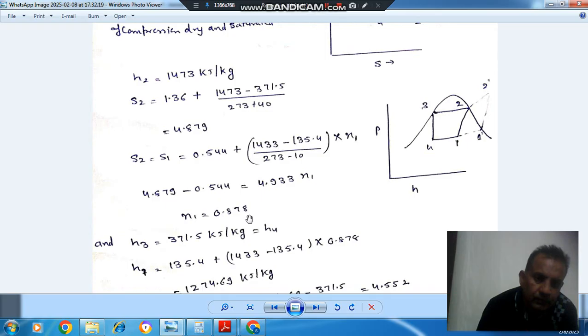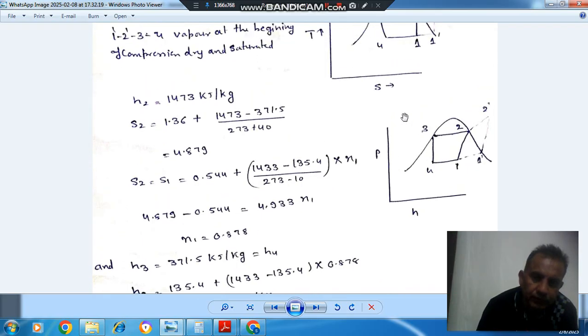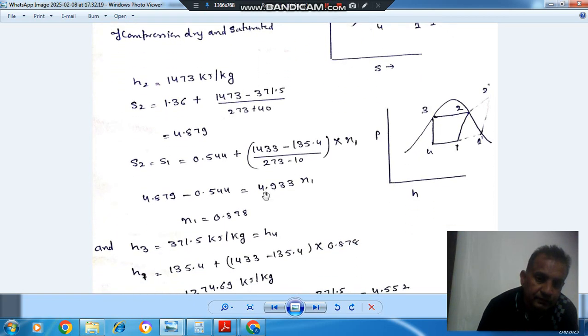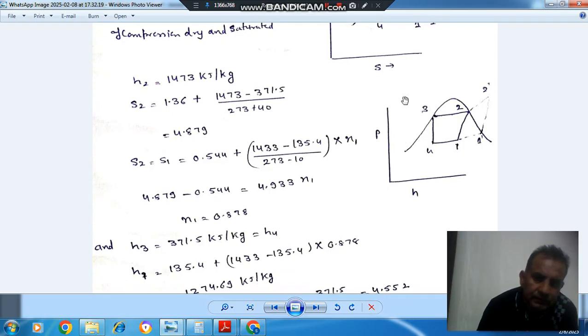Okay. So now H3 is enthalpy of saturated liquid at 40 degrees Celsius, that is 371.5, that we have used here also, and H3 is equal to H4 because it is a vapor compression cycle.